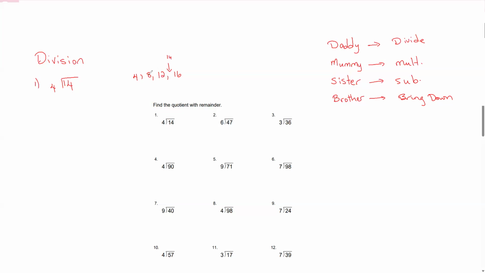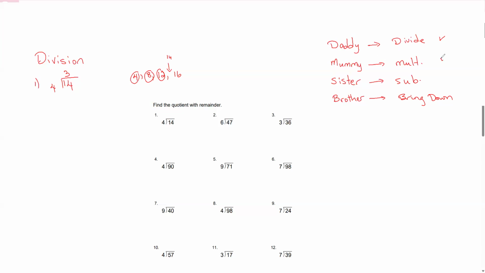So how many times do we have to go into it before we got to 14? 1, 2, 3 times. Right? So that means 4 could go into 14 3 times. That was the division.